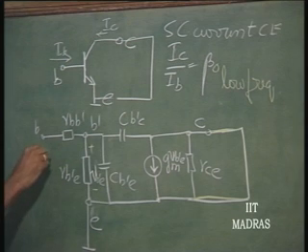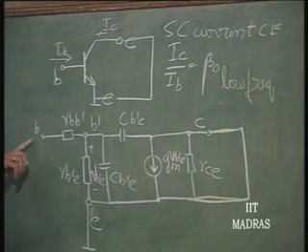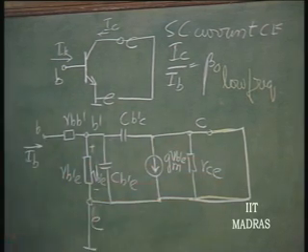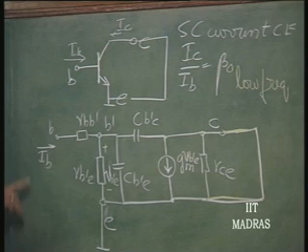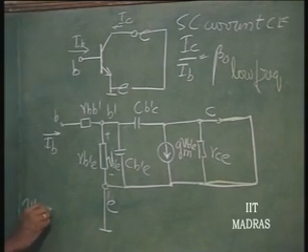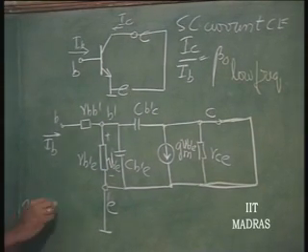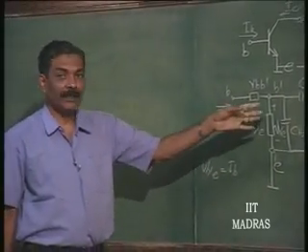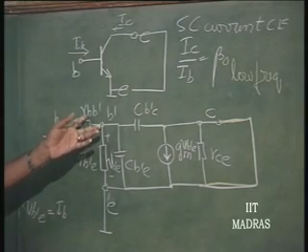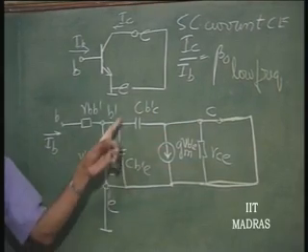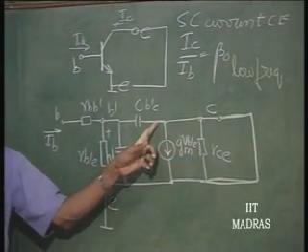We have RBB dash and RB dash E. When I apply a base current IB into this and the output is shorted, this VB dash E is independent of RBB dash, because I am putting IB as the current. So, RBB dash does not come into the picture. This IB will now flow through. The output is shorted, so CB dash E comes in parallel with CB dash C.